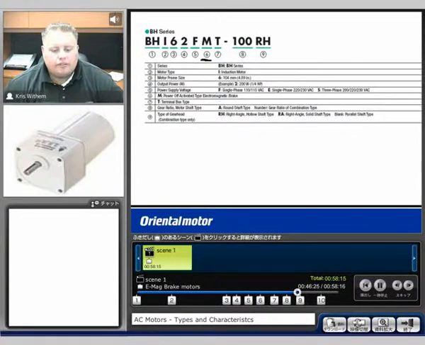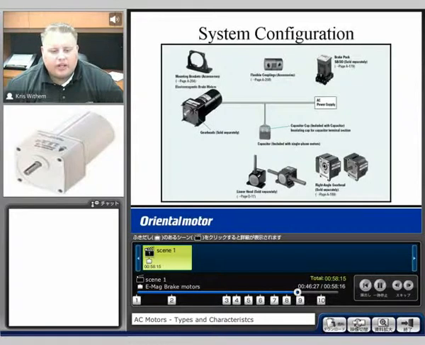System configuration, very similar to everything else. We have our AC motor that's connected to the capacitor, connected to the power supply. Different gear heads are available: the right angle, solid and hollow shaft, along with linear gear heads. The brake pack is also available.